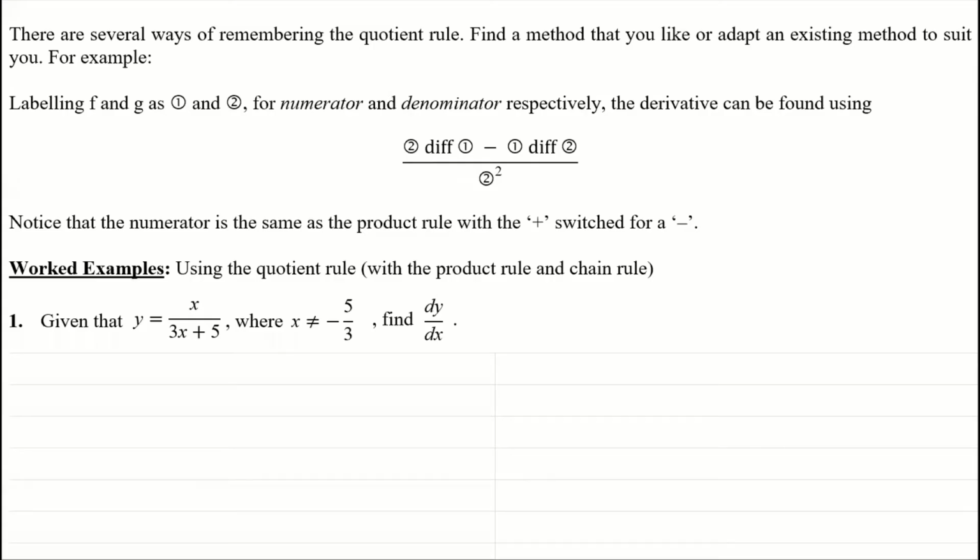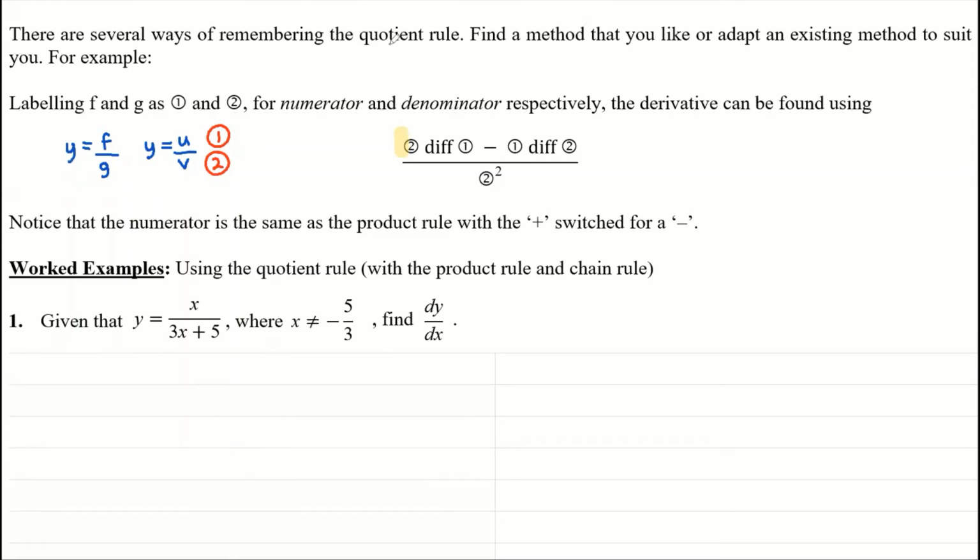Okay, so the way I was just talking about from that derivation, if we label the two functions 1 and 2, so I'll just give you an idea, if you have a function f and g like that, or u and v, we can quite easily, just as a shorthand and a way of getting through the method, label the top and bottom 1 and 2, and you will get this relationship here.